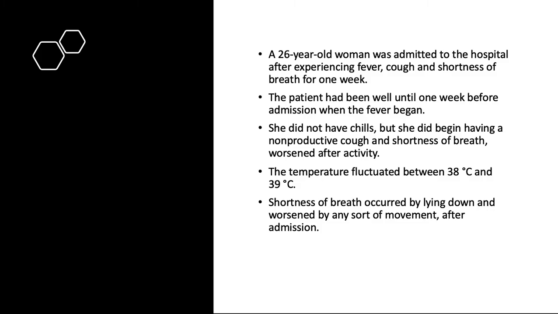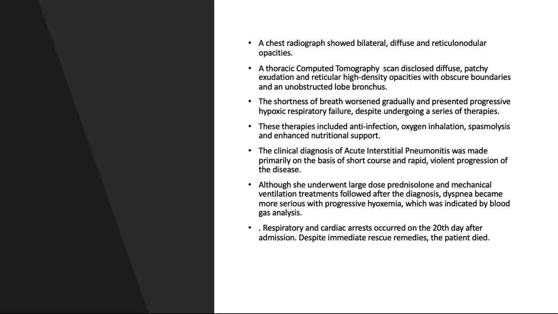Shortness of breath occurred when lying down and worsened with any sort of movement after admission. A chest radiograph showed bilateral diffuse reticulonodular opacities. A computed tomography scan disclosed diffuse patchy exudation and reticular high-density opacities with obscure boundaries and an obstructed lower bronchus.